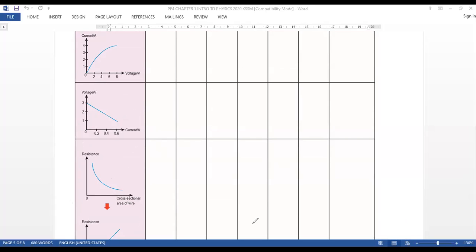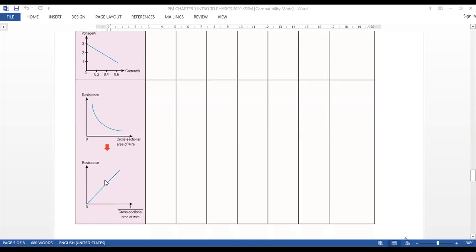So always when you represent a graph, you must tell axis Y and axis X, what is their relationship? You must tell here, resistance is inversely proportional to the cross-sectional area of the wire.